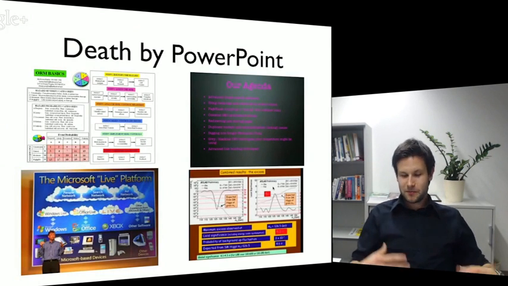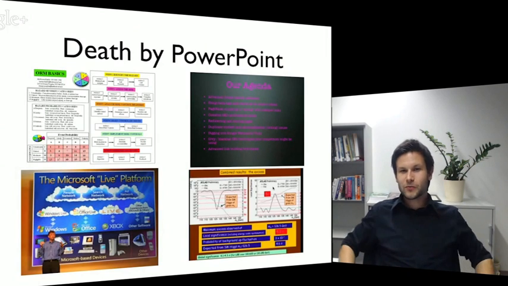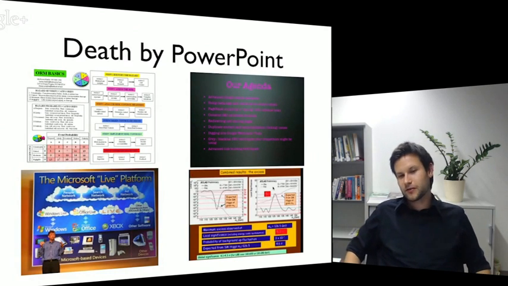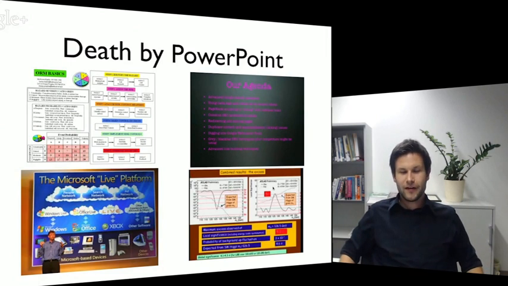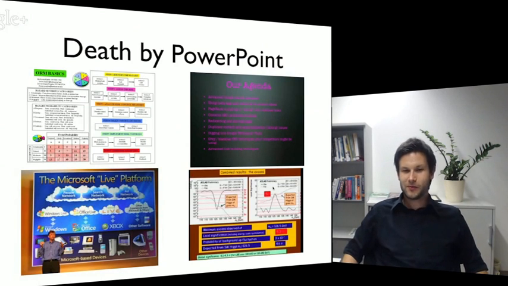Let me start with probably the most prominent way to present something: a visual tool like PowerPoint or Keynote, as I use now. But they have the same limitations, and people use them in really horrible ways. When you Google death by PowerPoint or bad PowerPoint slides, you will see amazing examples of what can go wrong.